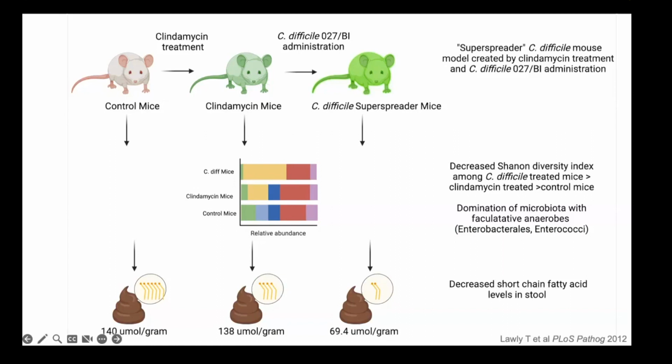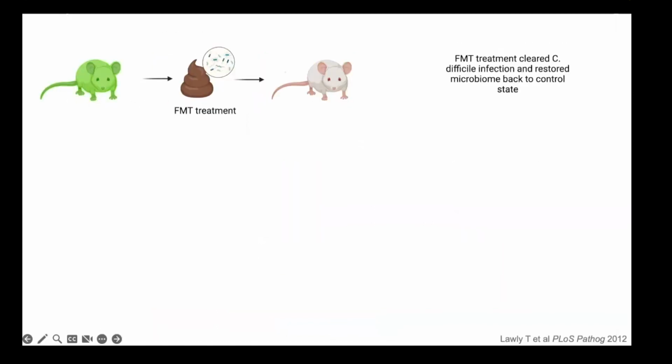So again, this gets at the role of short-chain fatty acid production and the role that it plays in colonization resistance. They then took their C. diff mouse and treated it with FMT and restored the microbiome back to a healthy control state that looked like the control mice.